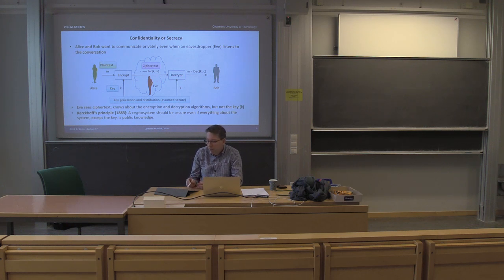The objective is to find a way so Alice and Bob can communicate without Eve knowing what they're talking about. So that's a classical cryptographic problem, I would say.